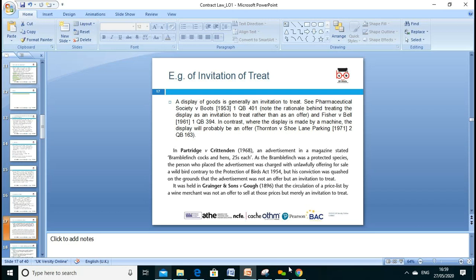Advertising in a magazine, let's read. What do you think? The advertising was not an offer, but only an invitation to trade. In the next case, the circulation of a price list by a wine merchant, a businessman, was not an offer to sell at their price, but merely an invitation to trade.